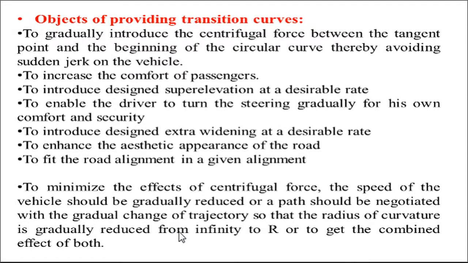So generally, by providing the transition curve, we are minimizing whatever centrifugal force is acting on the vehicle, and for that the vehicle has to take such a trajectory that the radius of curvature is gradually reduced from infinity to R, and this can be achieved by providing the transition curve.